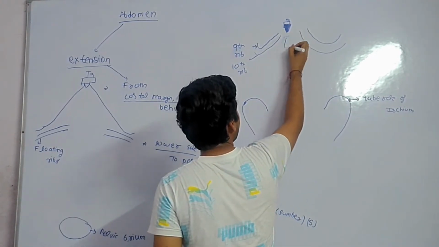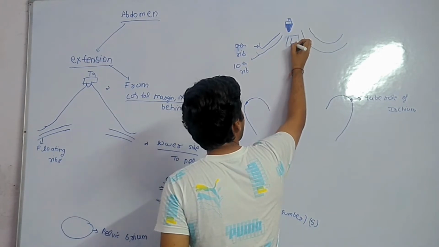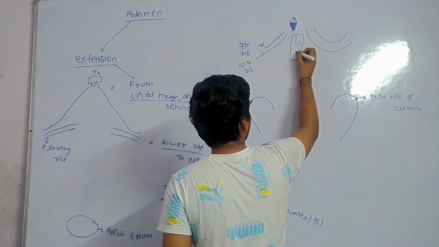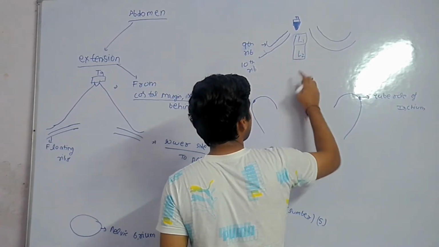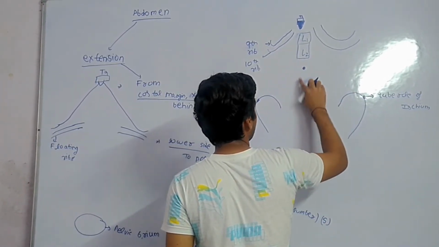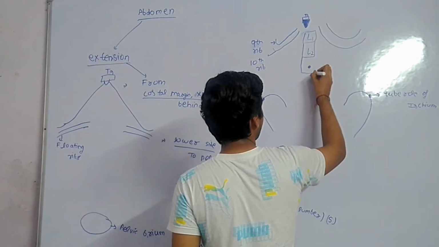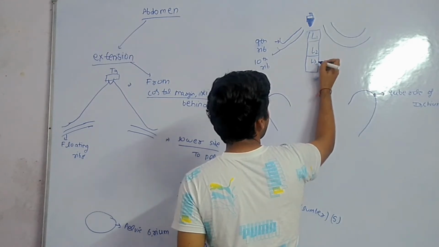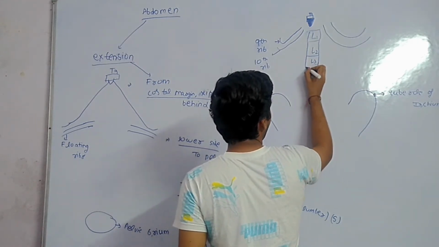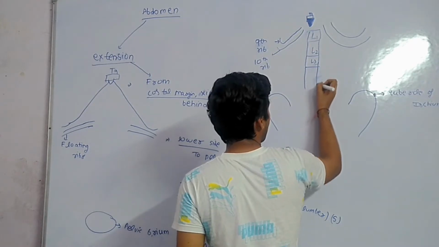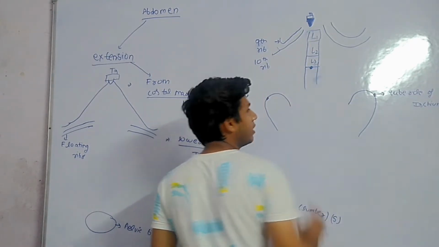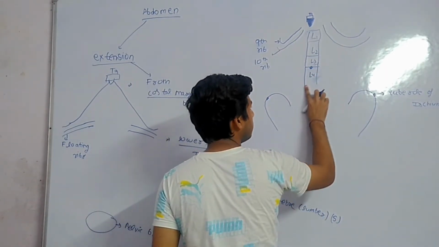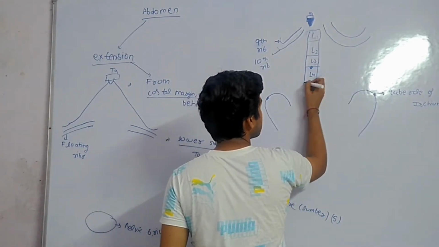Below here is L2. This is umbilicus. It comes at L3 vertebra. This is L3, and this is L4. So umbilicus is present at the intervertebral disc between L3 and L4. This is L4 vertebra, and this is L5 vertebra.